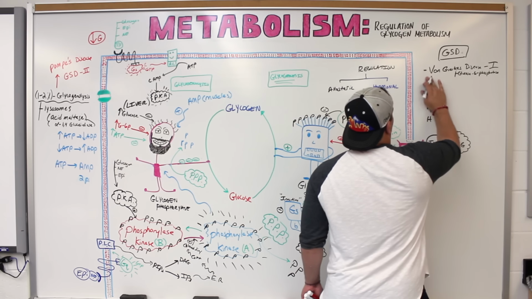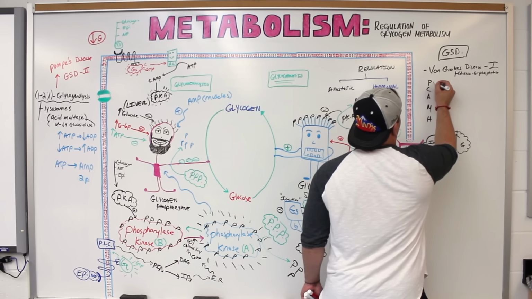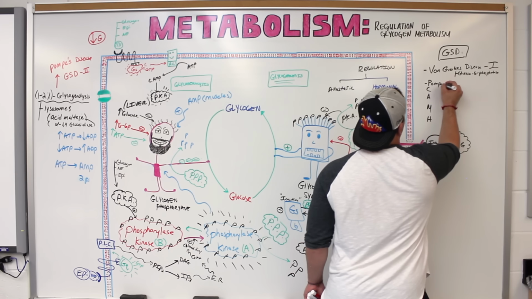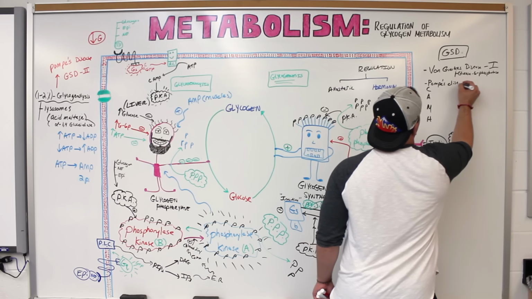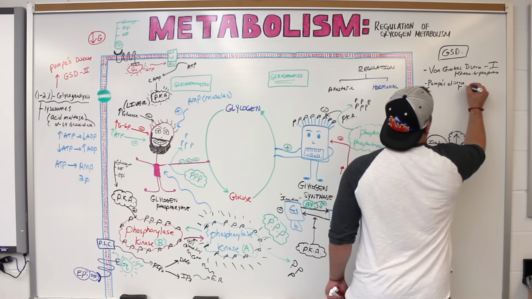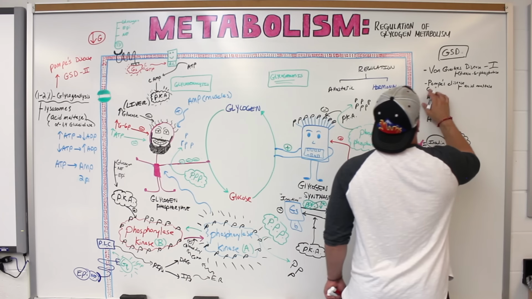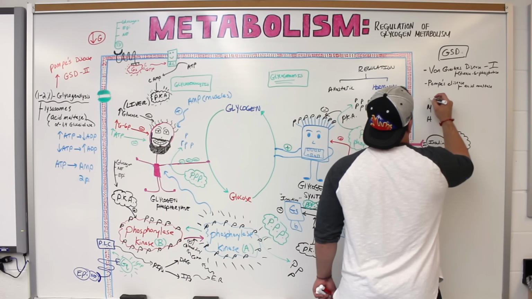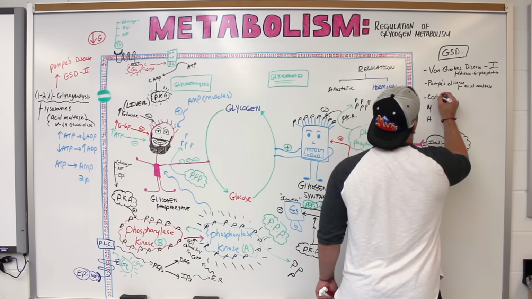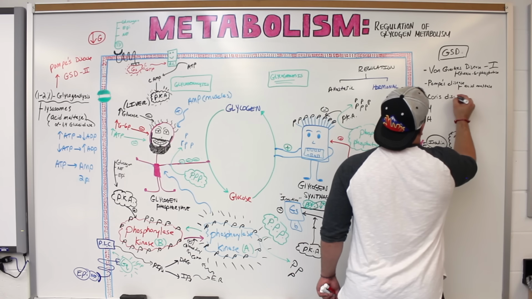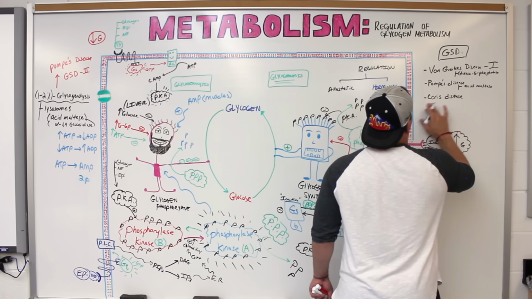Then, we already know this one: P stands for Pompe's disease. And in Pompe's disease, you're lacking the acid maltase enzyme. Then, if you go down again to C, C stands for Cori's disease. And then you can keep going down.